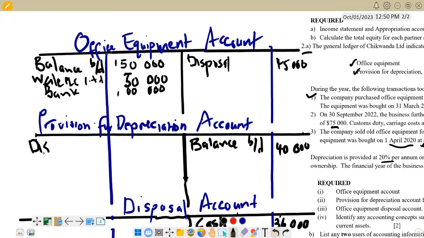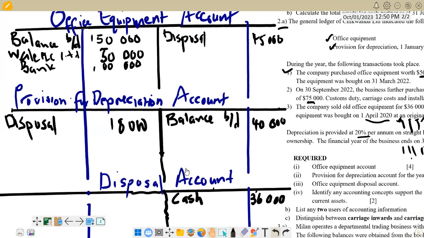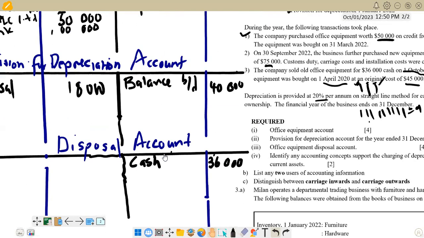The double entry for removing depreciation is that we debit the provision for depreciation, then we credit the disposal account. So we say 18,000. This one also affects disposal, so we enter again that 18,000 into the disposal account. This one is coming from provision for depreciation, so we can just say depreciation.